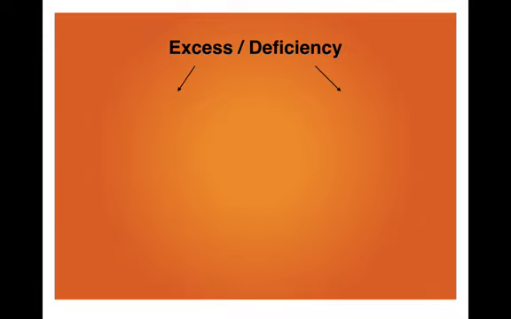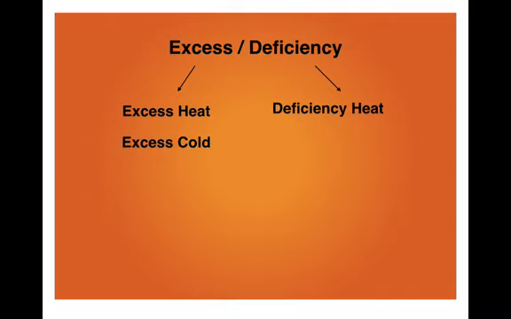Now, our next set we have is excess and deficiency. And when we're looking at excess and deficiency, we do have to be careful in the patterns themselves because oftentimes the symptoms do overlap. So let's first look at what our patterns of excess are. We have excess heat as opposed to deficiency heat, which is also called yin deficiency. We have excess cold.